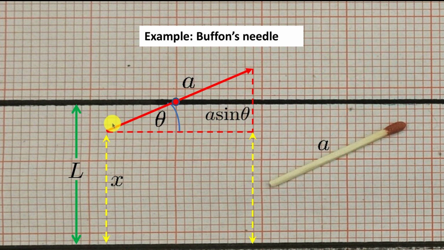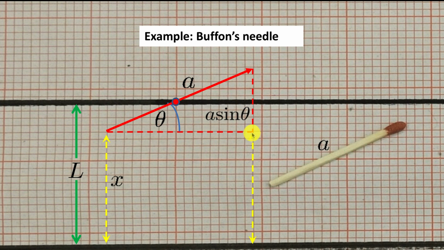and theta is going to take all values which will go from 0 when this matchstick is parallel to this line over here, and increase all the way from 0 and come back to 2 pi after making a complete circle. So the limits on x and theta are x going between 0 to L, and theta going between 0 and 2 pi.